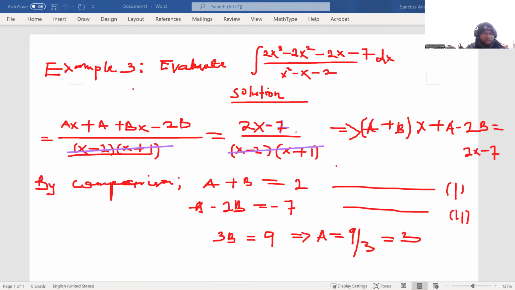Okay, so now we have that. Now we're going to substitute B in equation 1. So substitute for B here. So that means A will be equal to 2 minus 3, which is minus 1. So A is equal to minus 1.